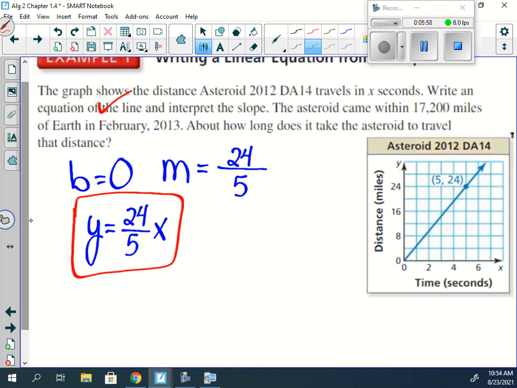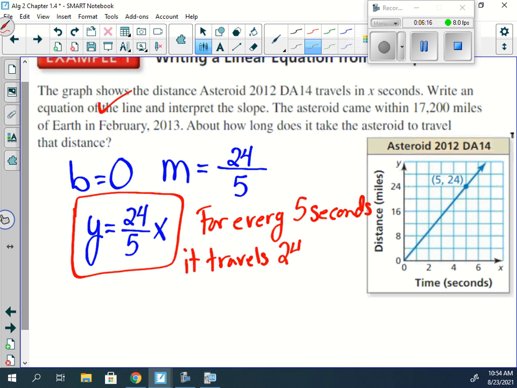So the 5 is telling me seconds. So for every 5 seconds, it does what? Travels 24 miles.